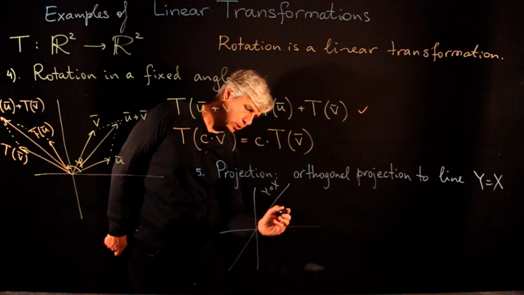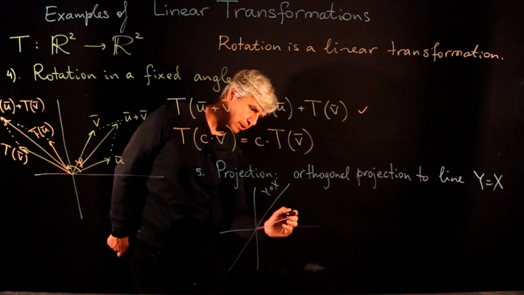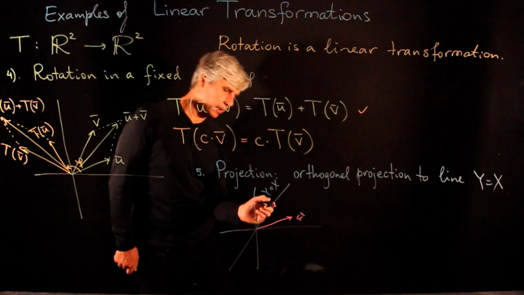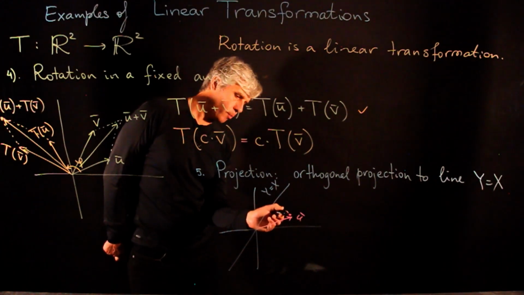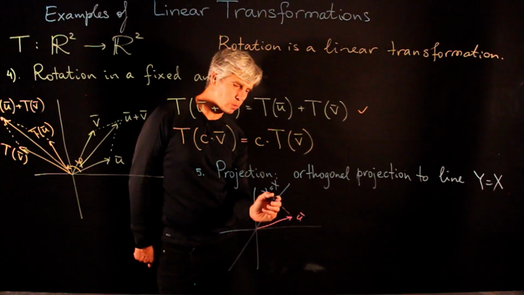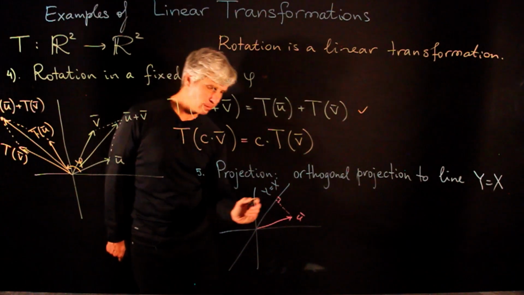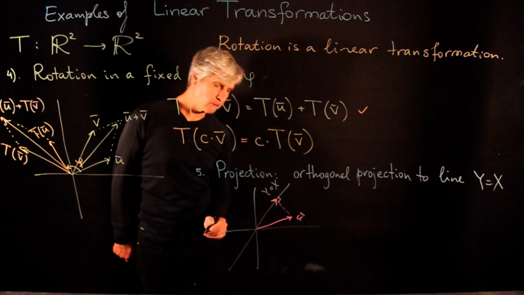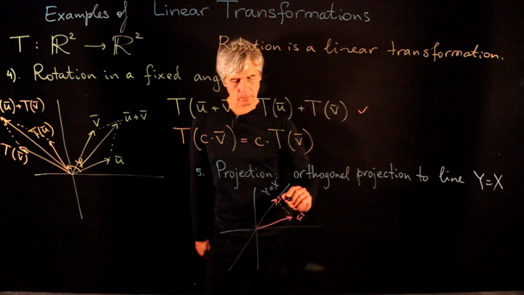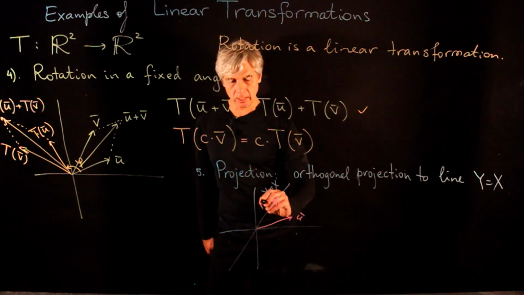To compute images of vectors, we take any vector u, and we drop a perpendicular from the endpoint of u to the line y is equal to x. Then this vector on this line is going to be the image of u, right? So this will be T of u.